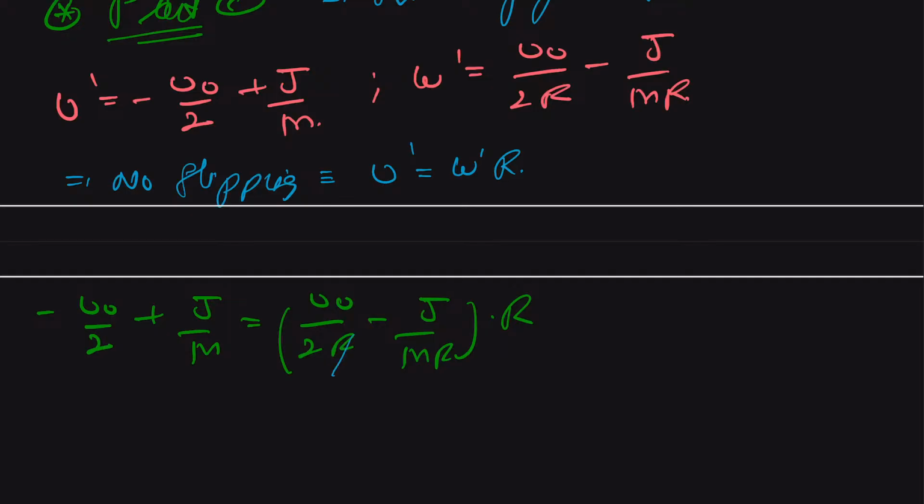and here this r cancels out throughout, and we are left with v naught upon 2. This will be minus v naught, which will be equal to j upon m. One second, I think there is some issue.